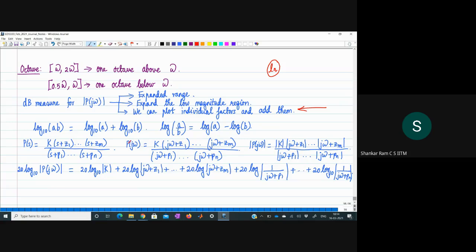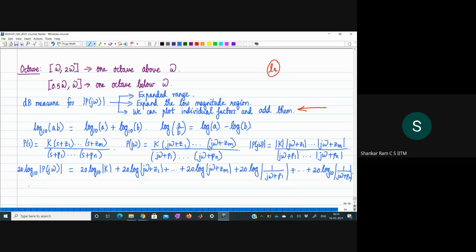The third advantage is that we can plot the magnitude plot of the individual factors that make up the transfer function, and we can just add them. Then we will be able to get the total magnitude plot of the sinusoidal transfer function.